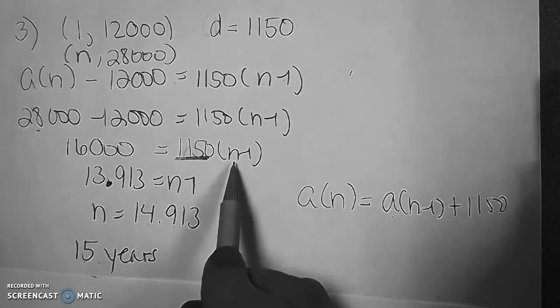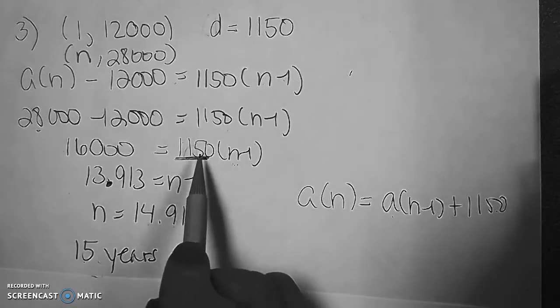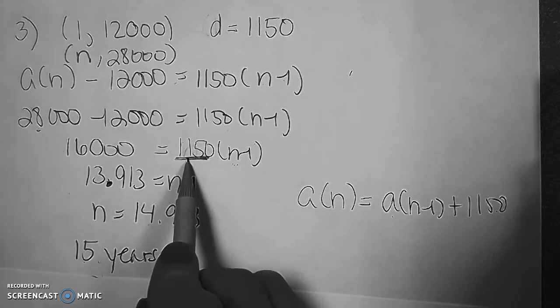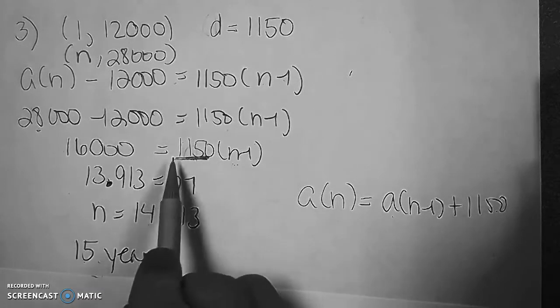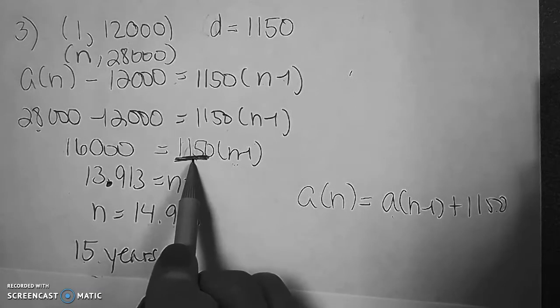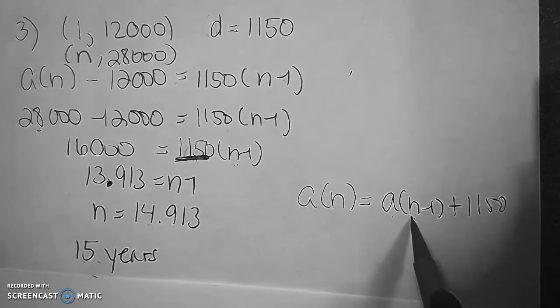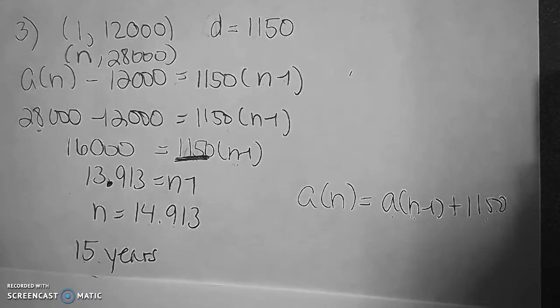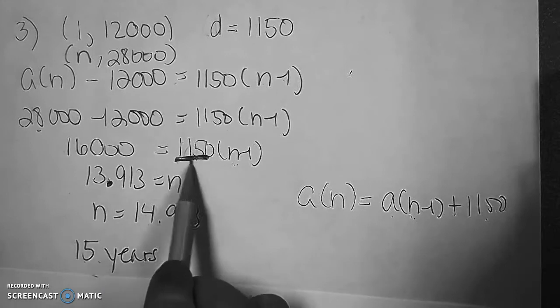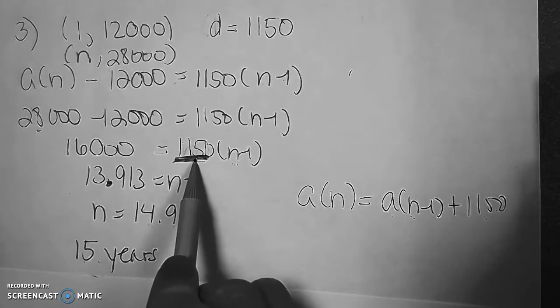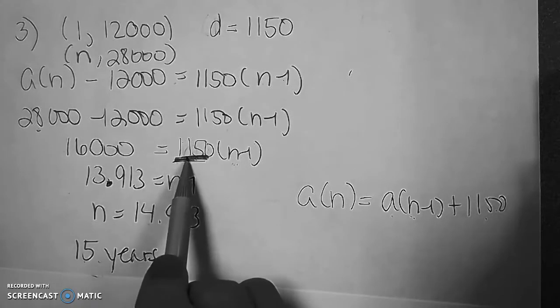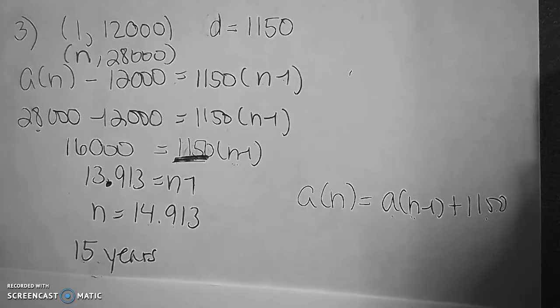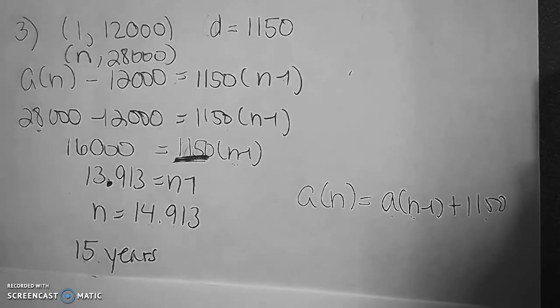So this is saying for every new term, you're adding another 1,150 to the first term. This is like slope. This formula is saying to the previous one, you're going to add 1,150. So you're not really doing a different mathematical operation. This is slope. When N increases by 1, your Y value increases by 1,150. Hopefully that answered that question.